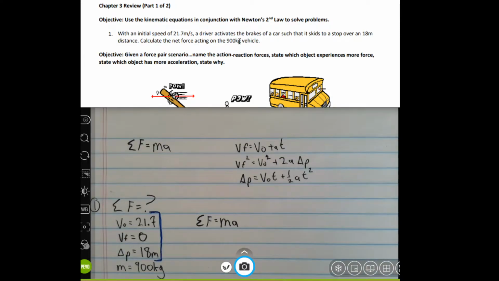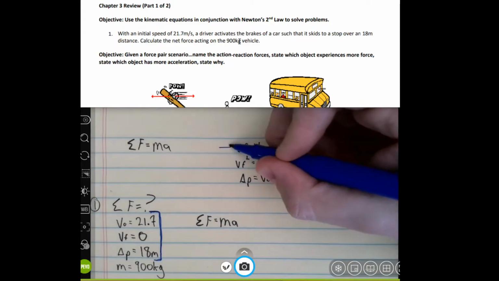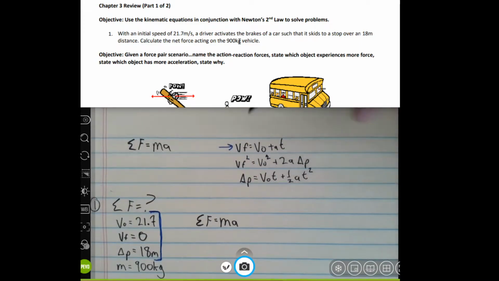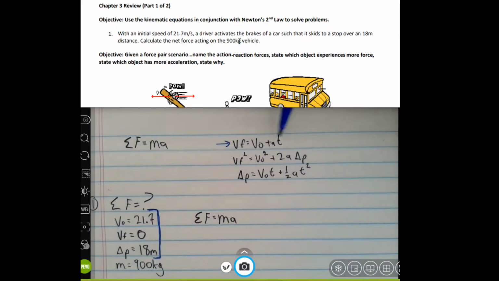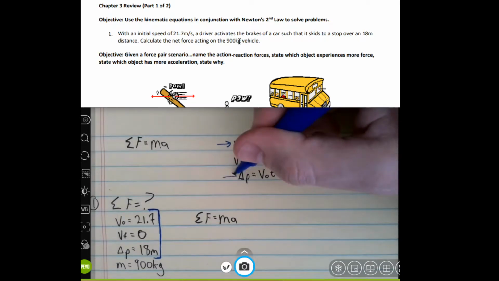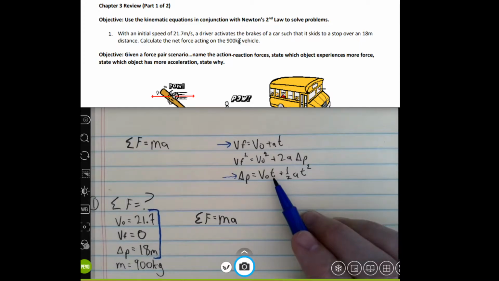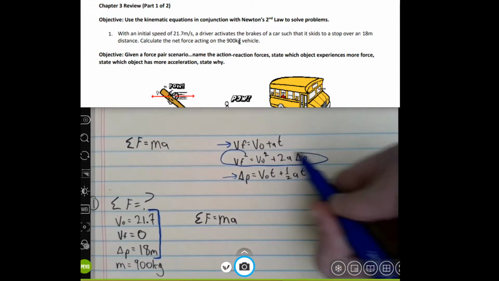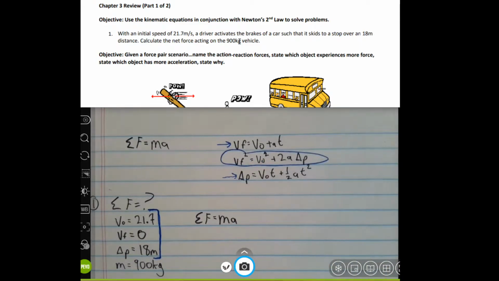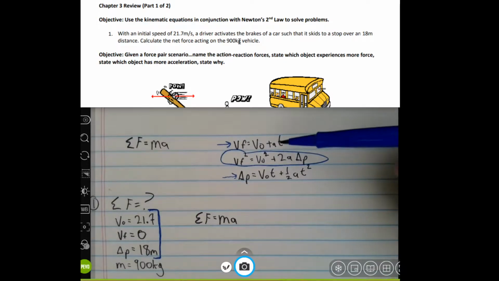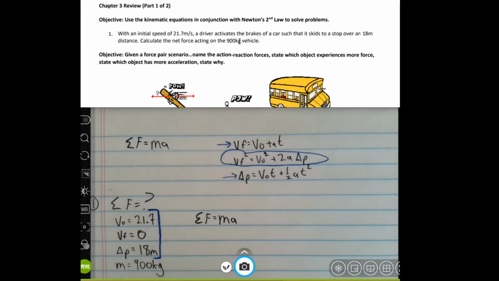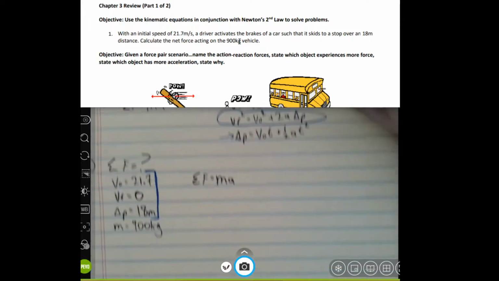And with that, we'll be able to find the acceleration. I can't use this one to find acceleration because although I have VF and VO, I don't have T. Same story down here on the bottom one. I can't use this to get acceleration because I don't have a number to plug in for T, so we'll use this one. Every problem's a little different though. On the test you might be using the top or bottom one, but we'll use this to get acceleration.